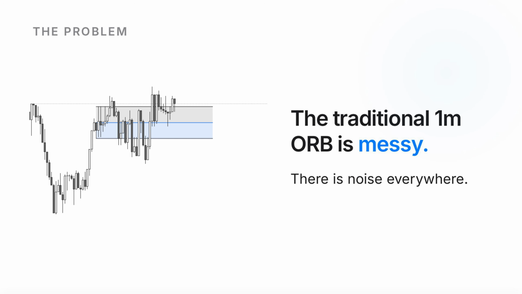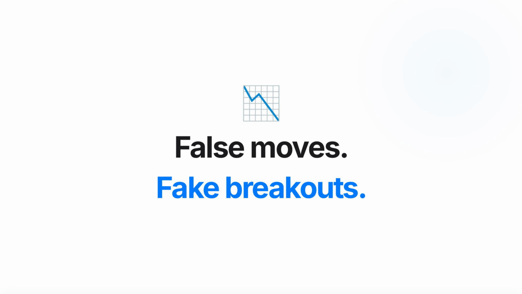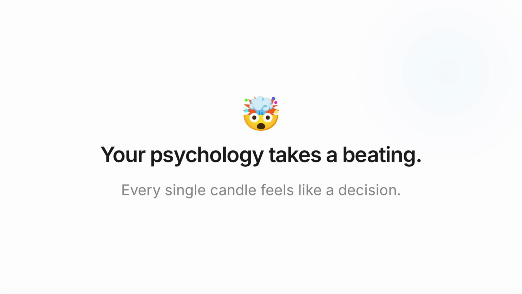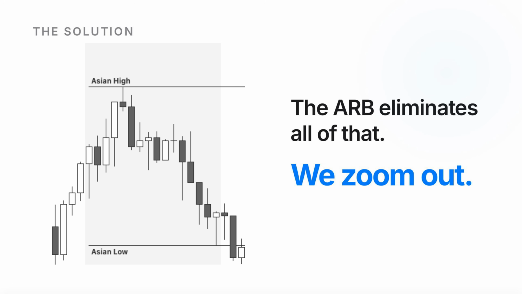Here's why it works. The traditional ORB strategy on 1 minute chart is messy. There's noise everywhere, false moves, fake breakouts. You need to be glued to the screen to filter out the garbage in the real time. Your psychology takes a beating because every single candle feels like a decision. The Asian Range Breakout eliminates all of that. We zoom out.